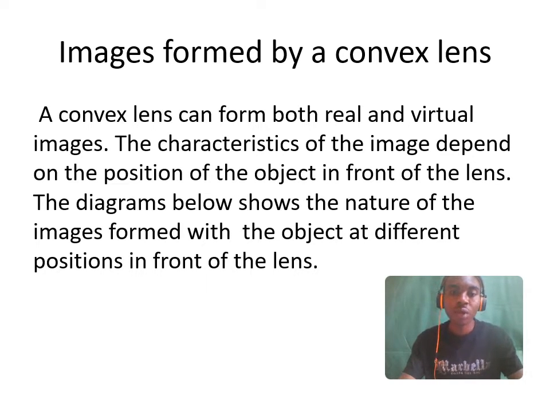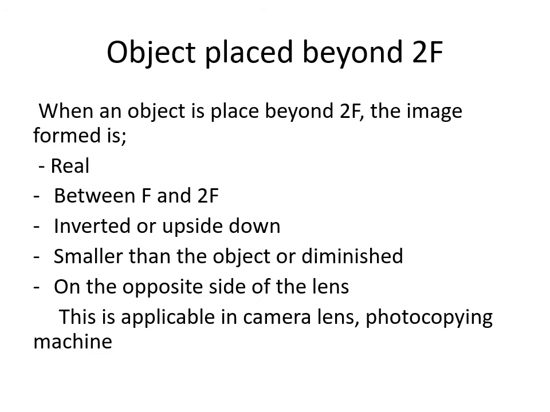The diagram below shows the nature of the images formed with the object at different positions in front of the lens. We are going to look at the different positions. When an object is placed beyond 2f, what would be the nature of the image?